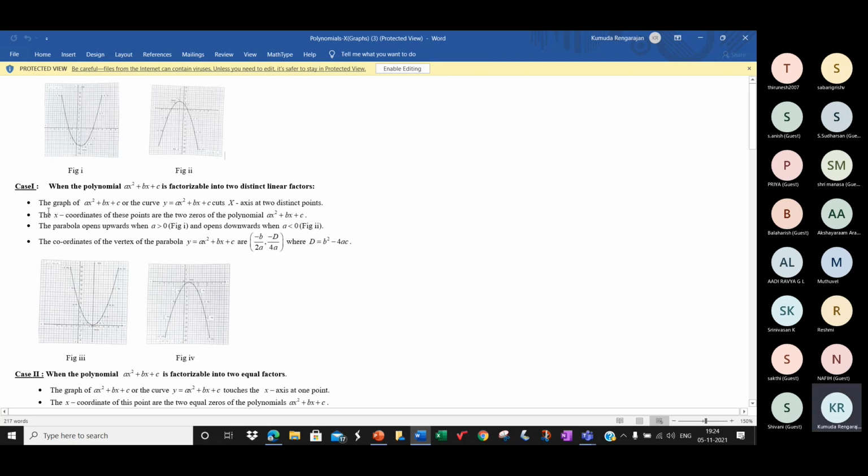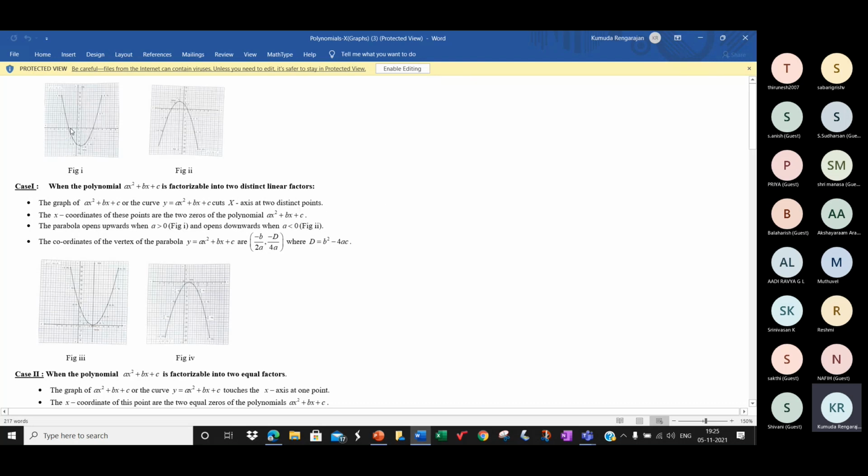Okay, so that's the first case. In this case, where the polynomial can be broken down into two different linear factors, like we say two different zeros, then the graph of ax squared plus bx plus c cuts the x-axis at two distinct points.